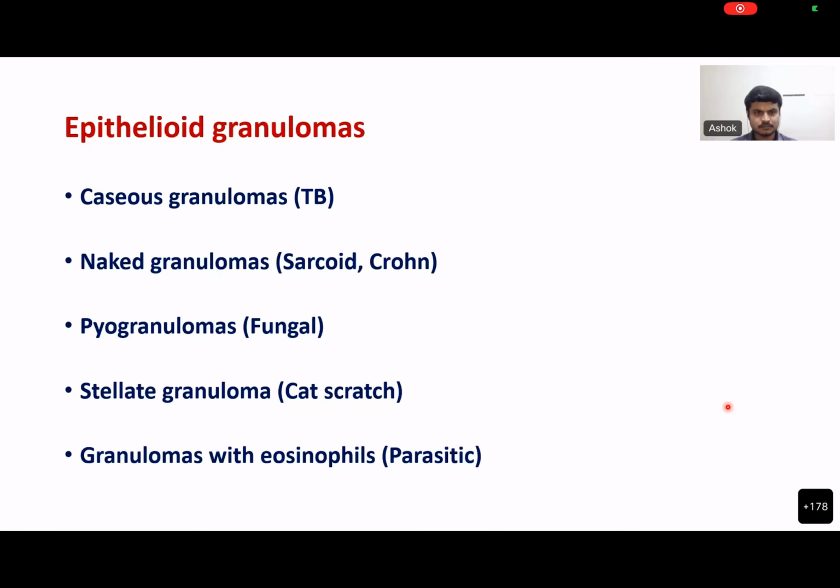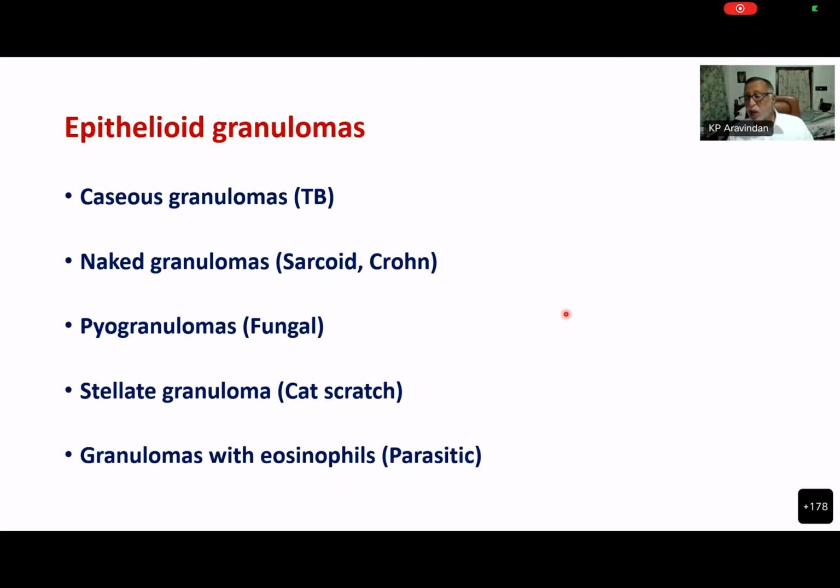And epithelioid granulomas, there can be different types: caseous granulomas. There can be naked granulomas, like in the previous case, where you don't find a surrounding mantle of lymphocytes around the granulomas. So these are sometimes called naked granulomas, like in sarcoid or Crohn's disease.